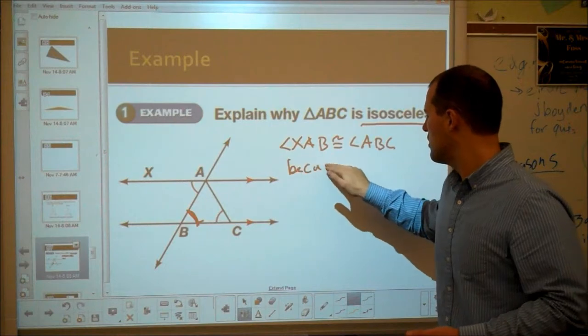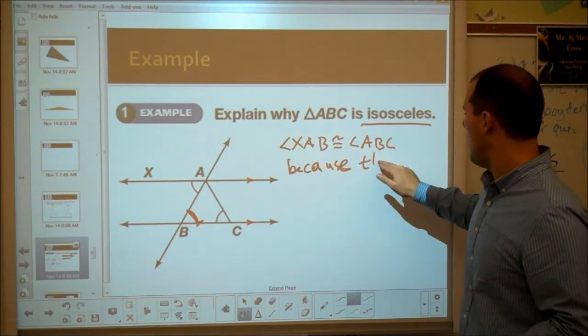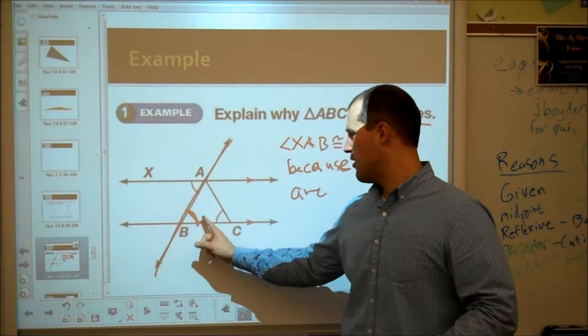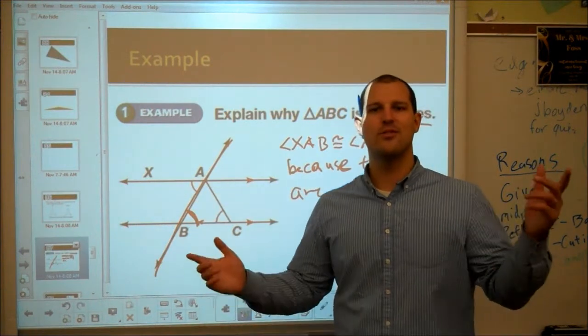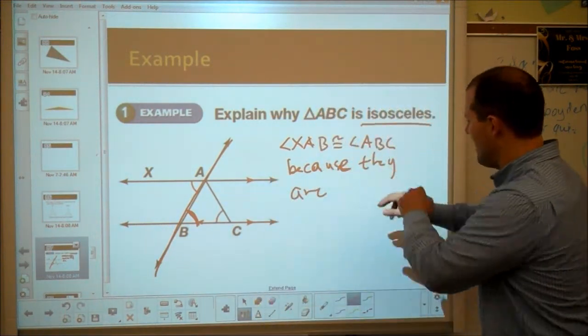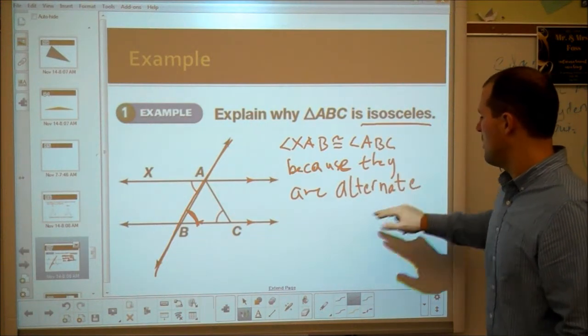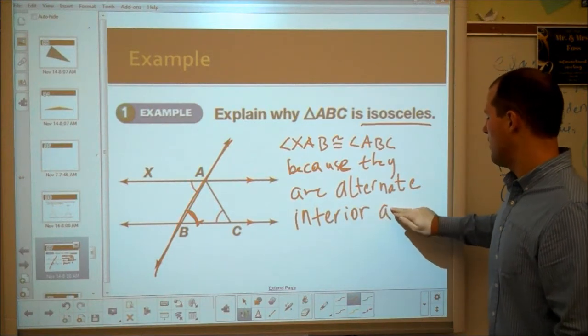Because, look at this, here's the transversal, they're on different sides of the transversal, both angles are in between the parallel lines, those are alternate interior angles. So because they are alternate interior angles.